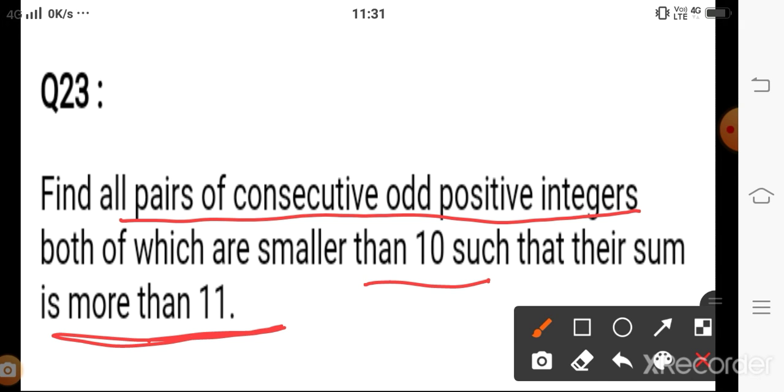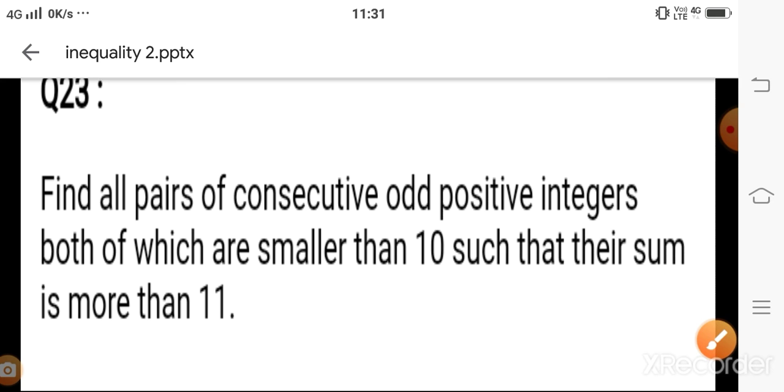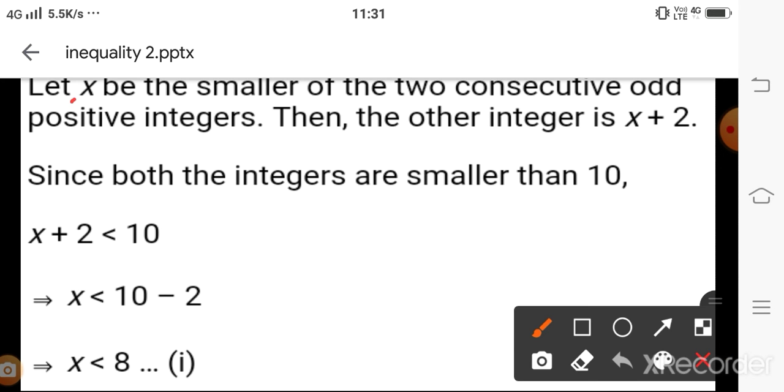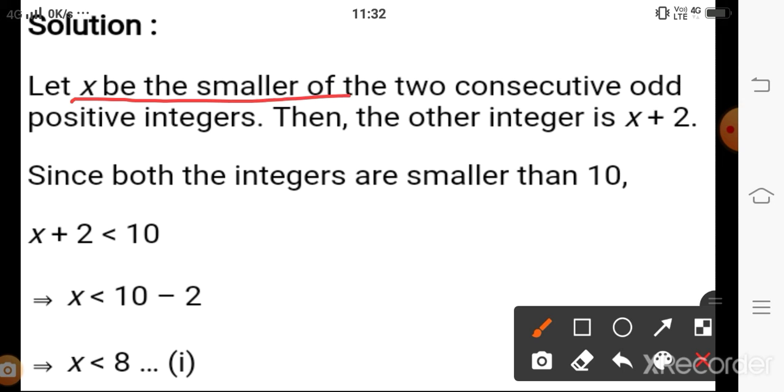It means that we are getting two inequalities, and after observing those two inequalities we have to write the solution. Find all pairs of consecutive odd positive integers, both of which are smaller than 10 and their sum is more than 11. Let x be the smaller of the two consecutive odd positive integers, then the other will become x plus 2.